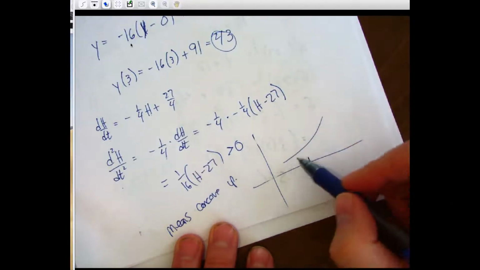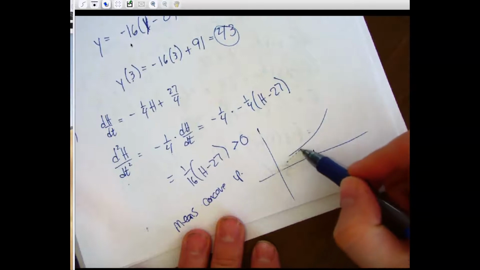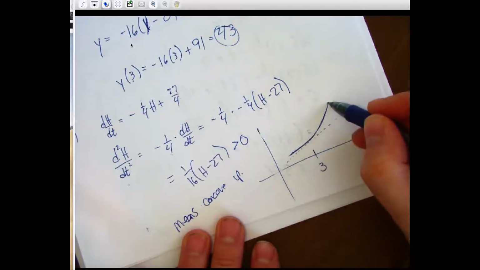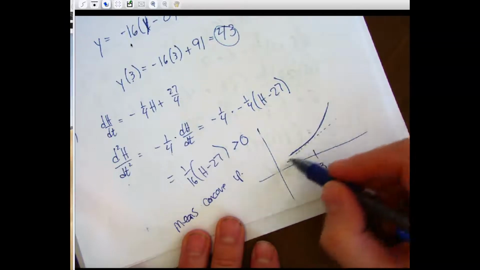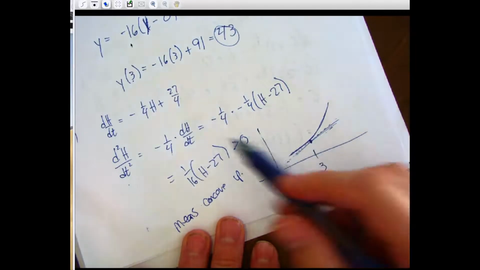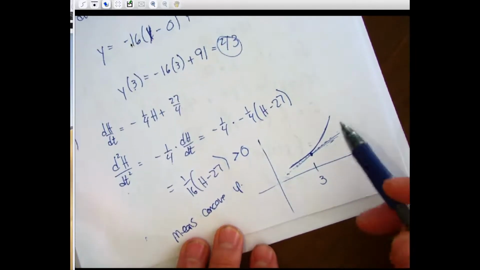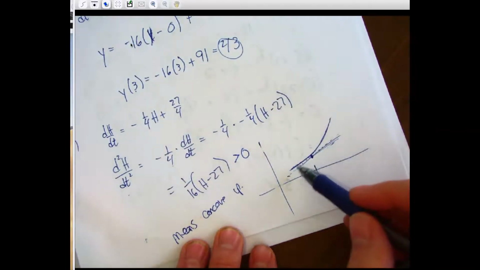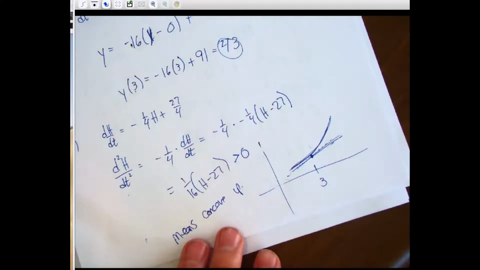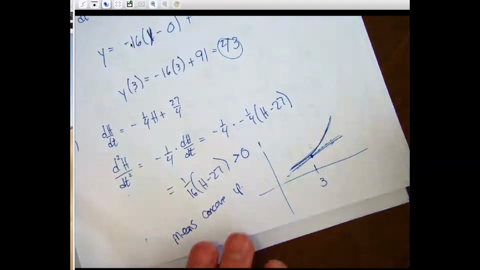Well, if I use a tangent line to estimate at 3, but the actual graph is curving up, just think about, am I going to have an overestimate or underestimate of that y value? So in my setup here, I'm using the tangent line to find information, and the tangent line does not curve up, but the actual function does. So I'm going to be underestimating the actual answer there.